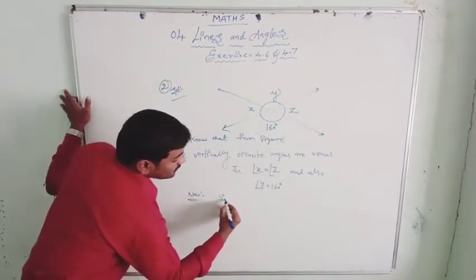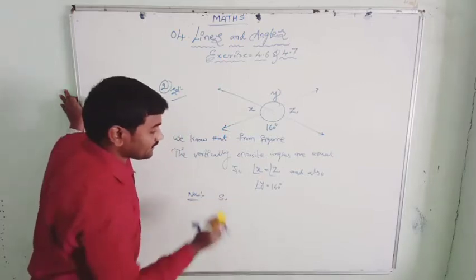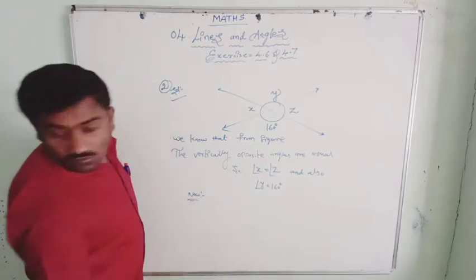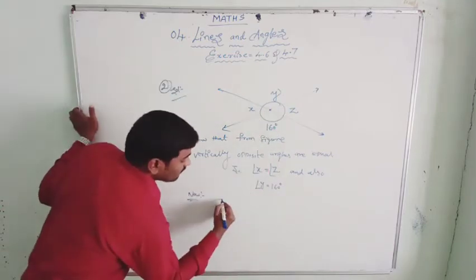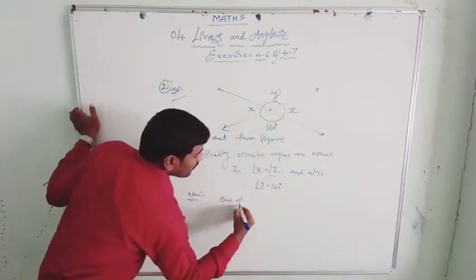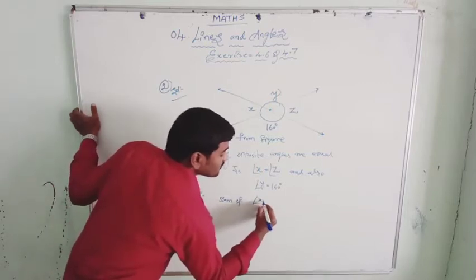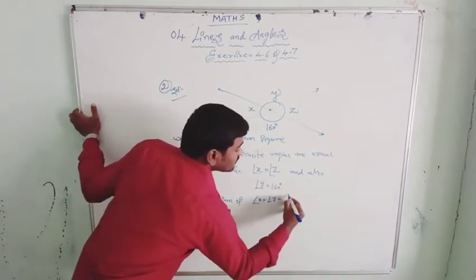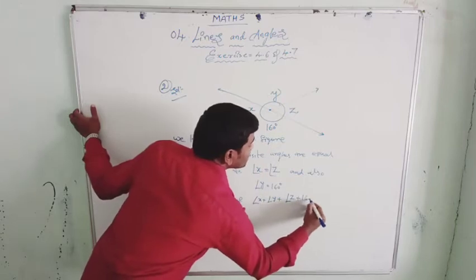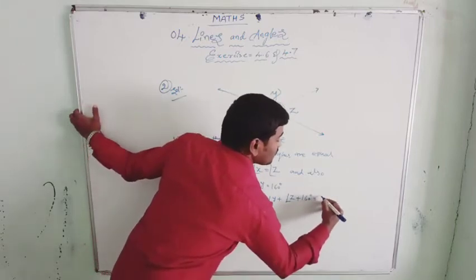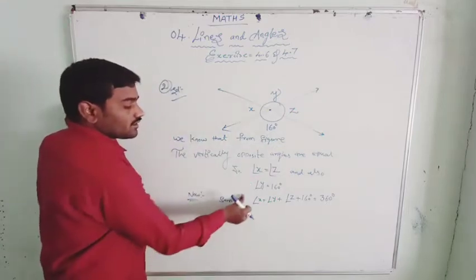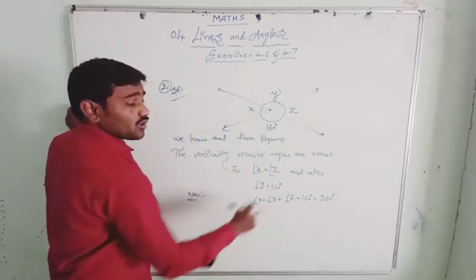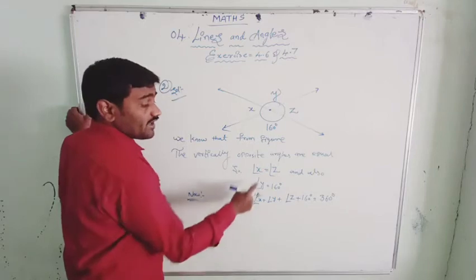The angle at a point O, suppose the angle at a point here is equal to the sum of angles X plus Y plus Z plus 160 degrees equal to 360 degrees. So all angles equal 360 degrees, and we have to apply that.